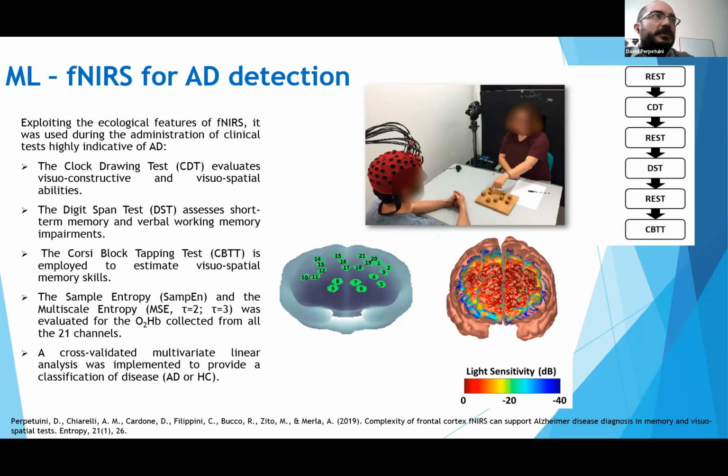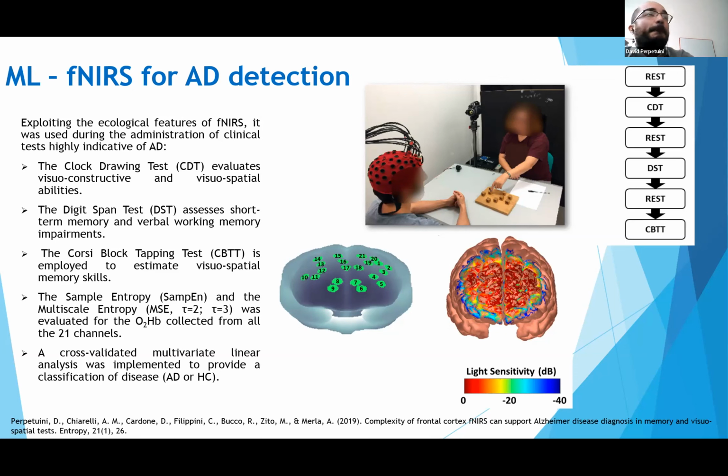But actually, we don't have either the start or the duration of the activation. For this reason, we employed complexity metrics, that is the sample entropy and the multiscale entropy, which allow us to measure the predictability of the signal, and so also the brain activity associated with the execution of these tasks.